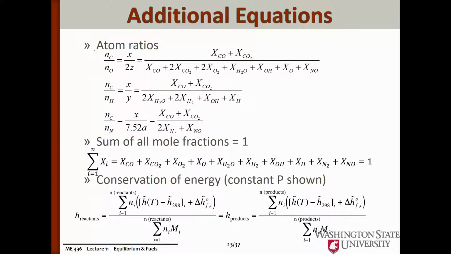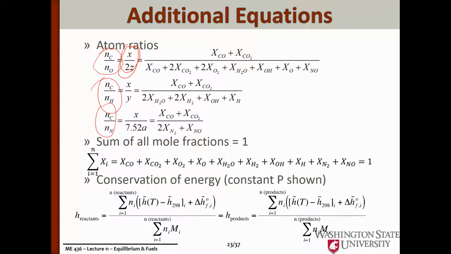So that's what I'm showing here: we'd get these fractions of the reactant atoms, and I've given it in terms of the X, Y, and Z that we've been using to define the fuel species. And so that'll play out.